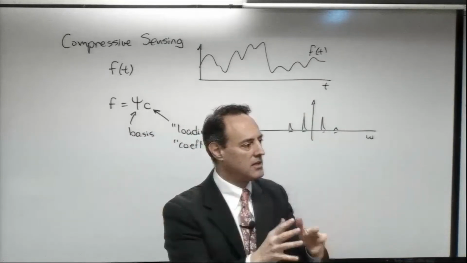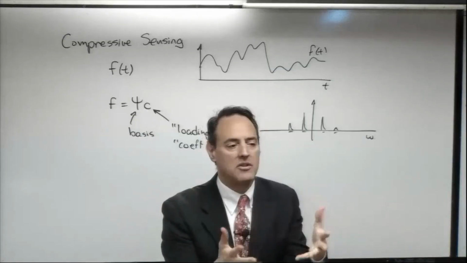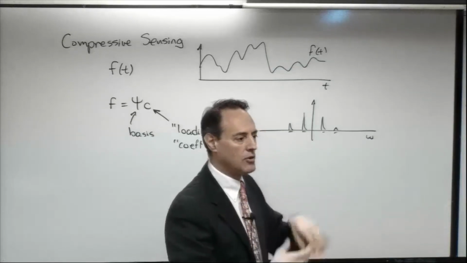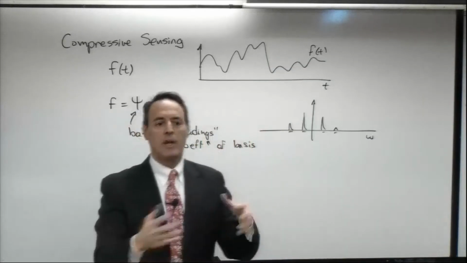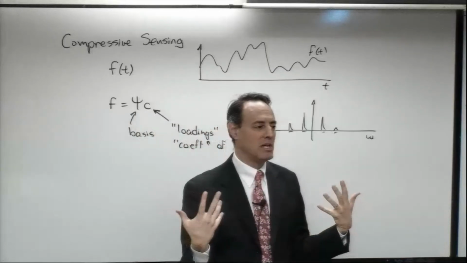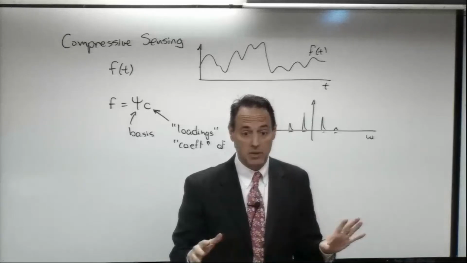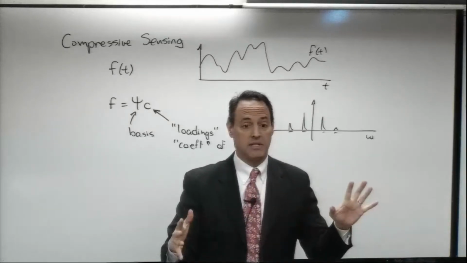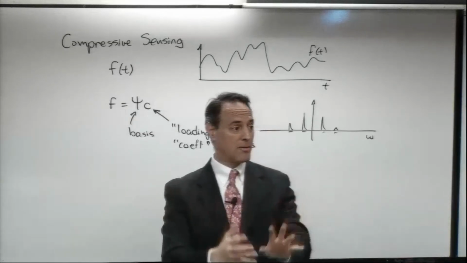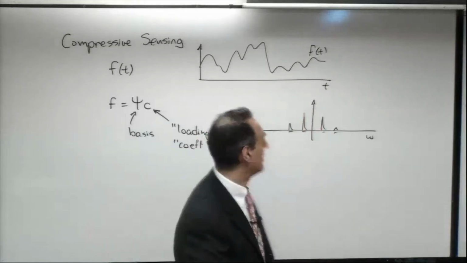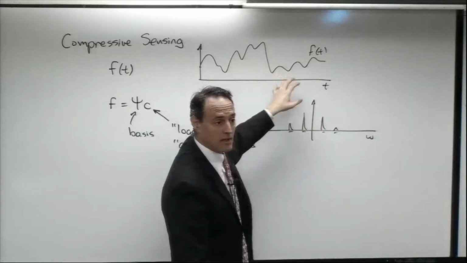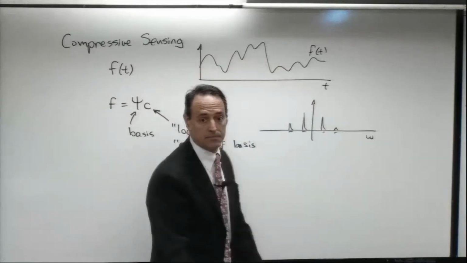Instead, I'm going to say, I know this thing I'm taking a picture of, or this audio signal, I know I can represent with only 1% of the information. How about if I just go after that 1%? That's compressive sensing. I'm going to take a small number of measurements and be able to reconstruct the entire thing.